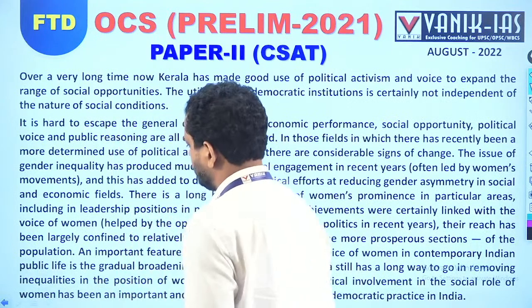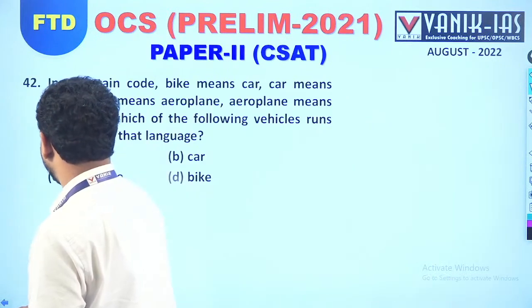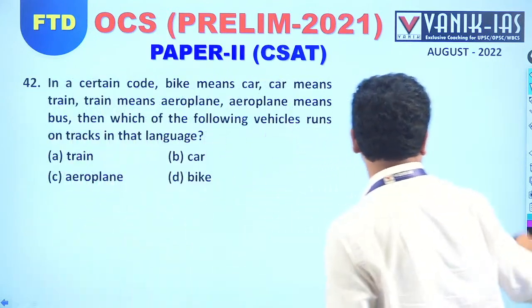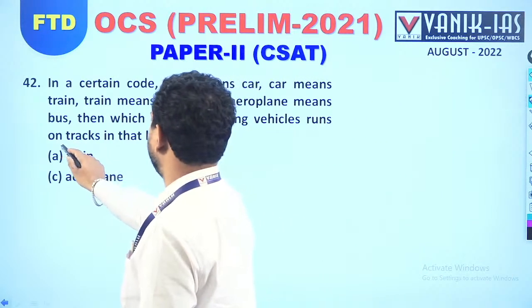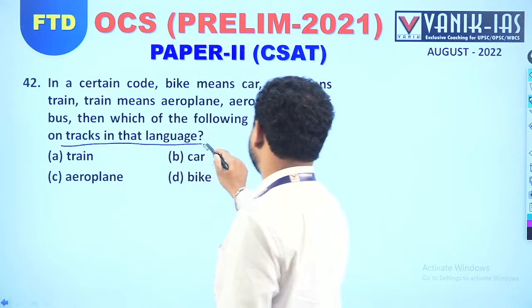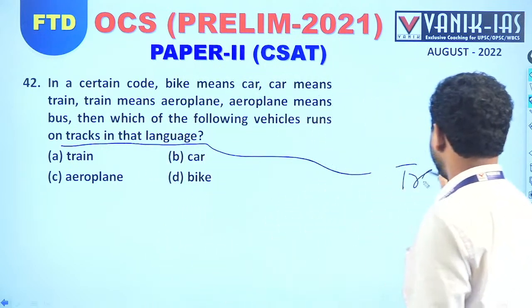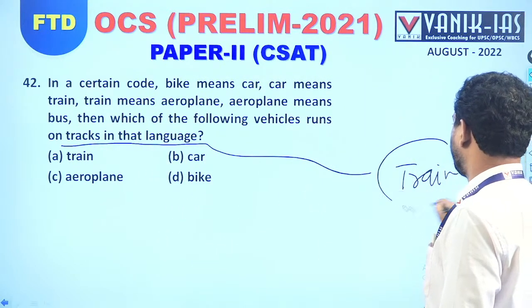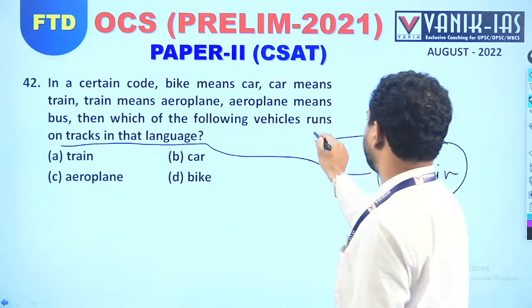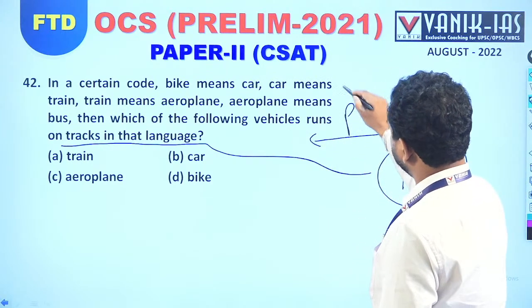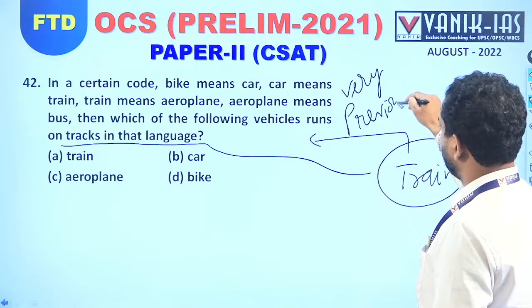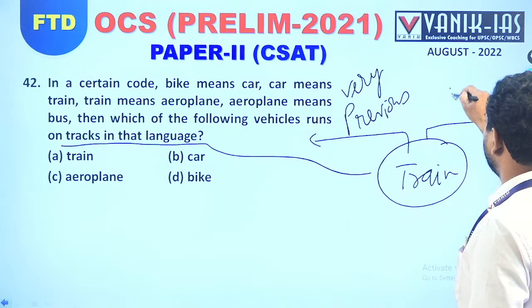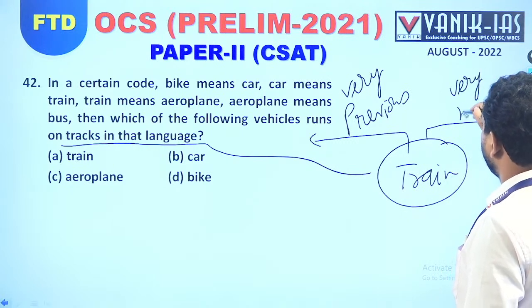Factual answer means that question which is asked in the last part of the coding format, and that is which one run in tracks, that is train. From this train, whether we have to go for very previous word, or very next word, it depends.